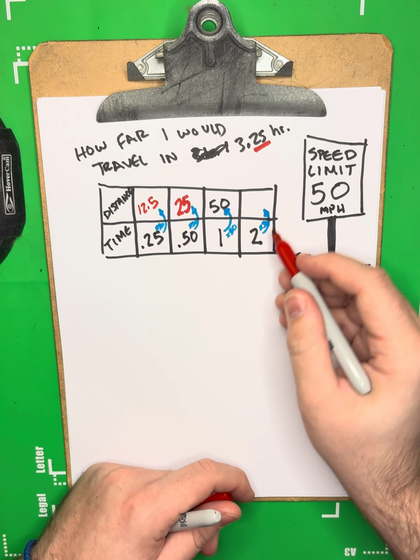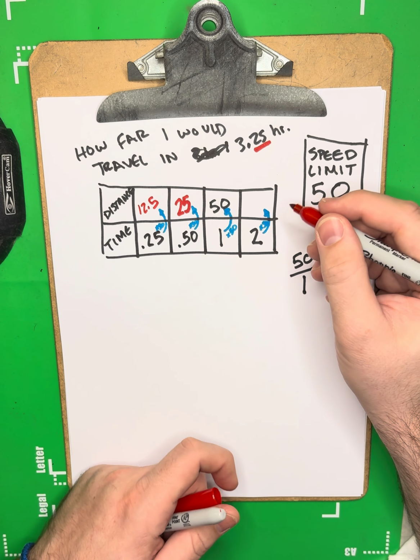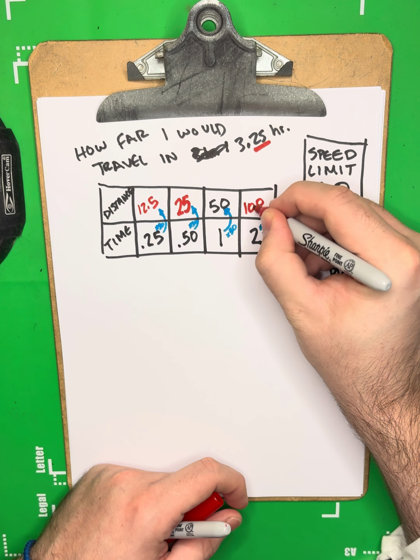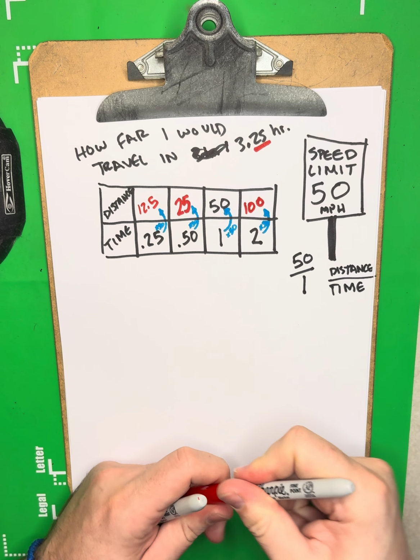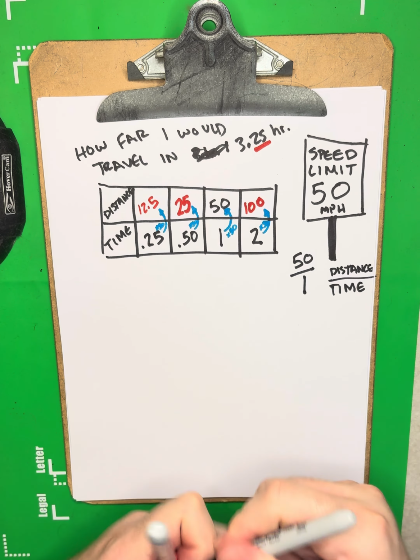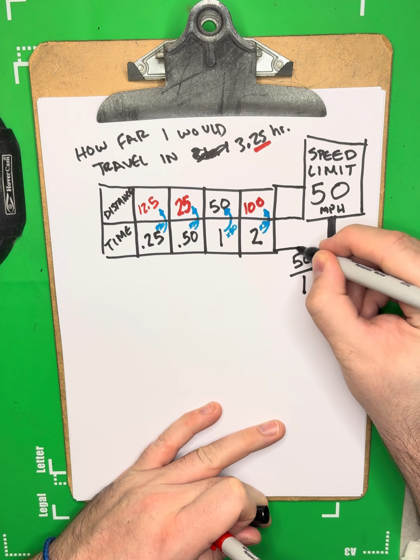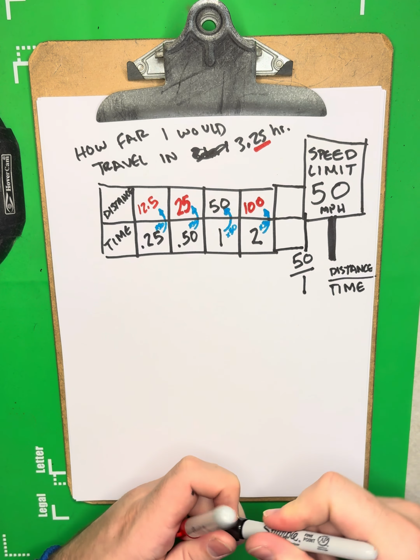Now let's go to times 2. So 50 times 2 is 50 plus 50, we know it's 100. And we see that if we go to our next box over, look at that perfect line there.